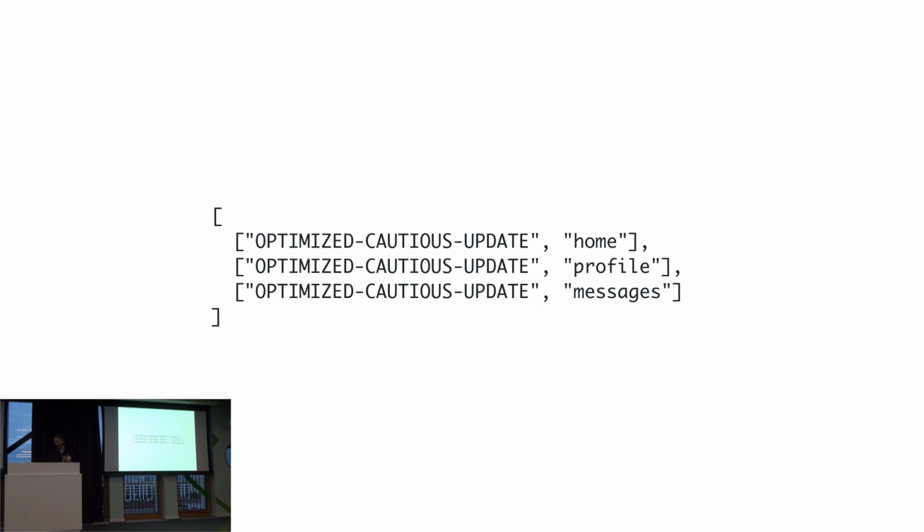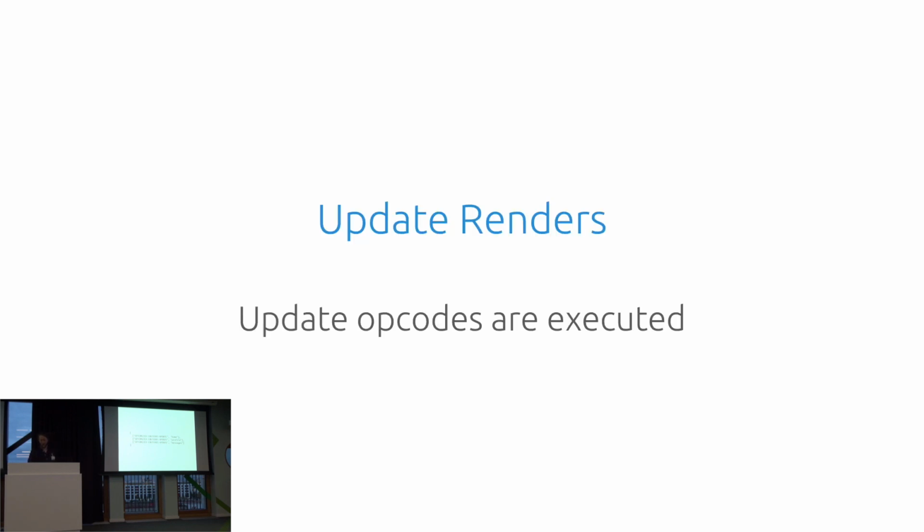So we had the pre-compiled step, we had the initial render step, and then the third step obviously is the update renders, which would basically just execute these update opcodes and update the DOM if the values that the update opcodes represent actually have changed.